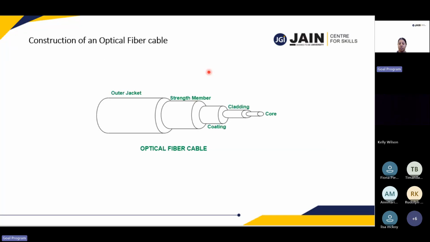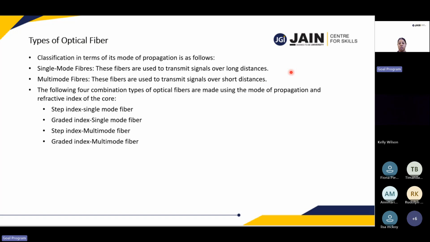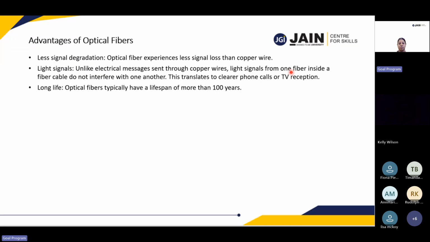If you look at this diagram, you can see a lot of light transmitting in this wire, right? This particular light signal is not going to interfere with the other one. So there is no disturbance and no loss of data is possible.